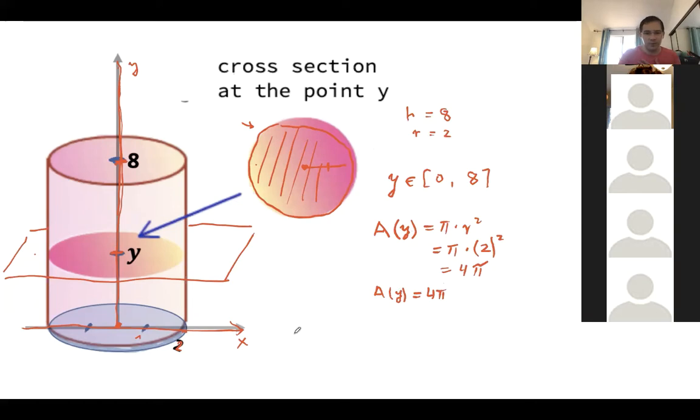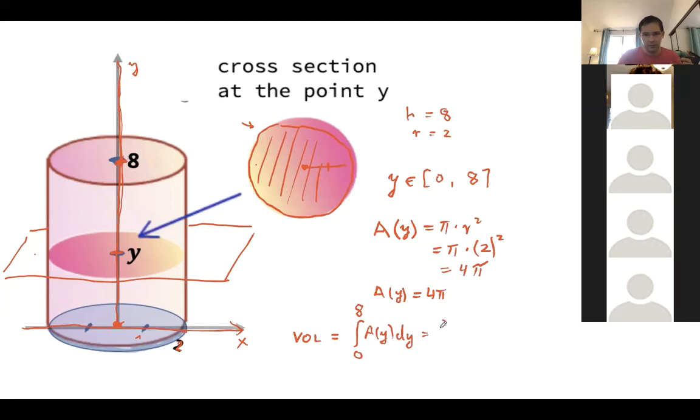Now to compute the volume of this three-dimensional solid, what we do is we will integrate cross sections. So essentially we'll integrate from 0 all the way up to 8 of this function A of y dy.